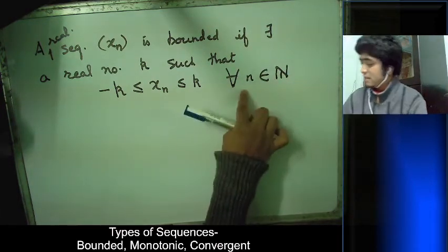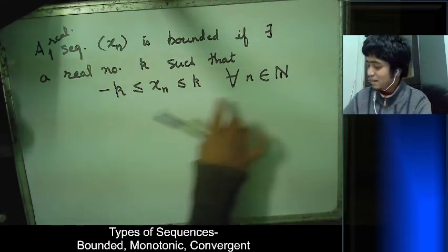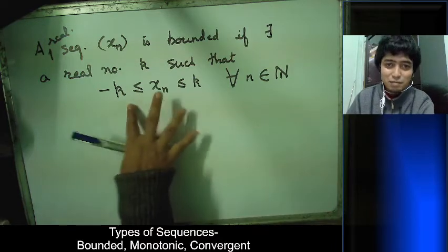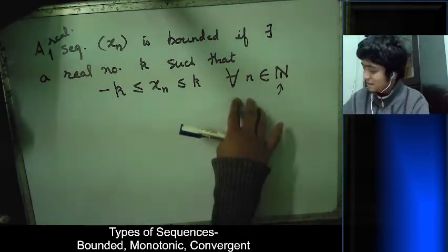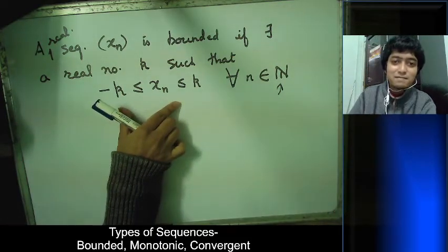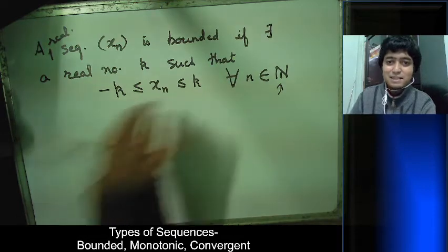That is, even if n is 1, x1 will be in between. Even if n is 2, it will be in between, because this is the set of natural numbers. That is, for all the terms of the sequence xn, the terms lie between minus k and k.